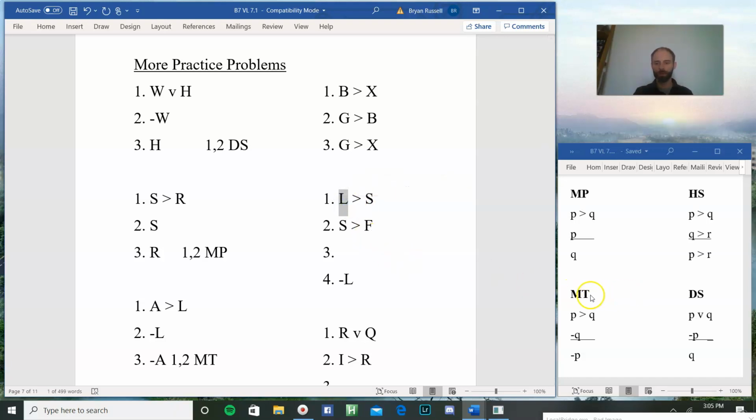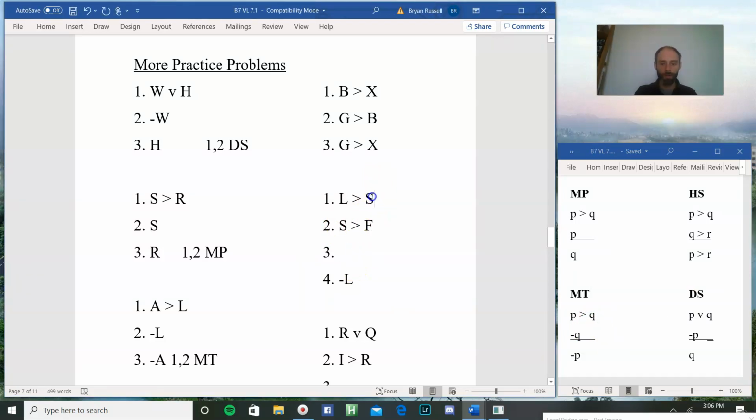And if we look at our rules, we see MT will allow us, if given a horseshoe, to end up with the negation of the antecedent. So what did we need to get there? We needed the negation of the consequent. So what did we need on line 3?